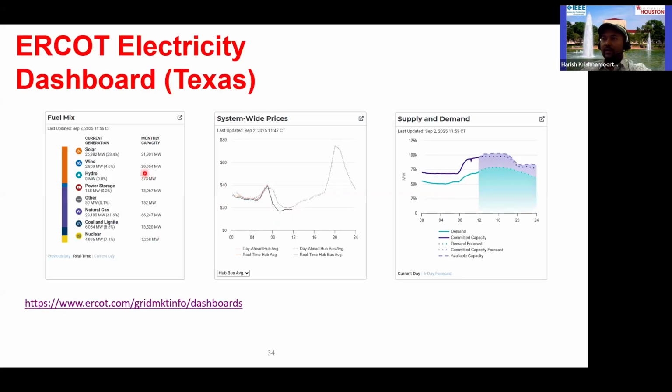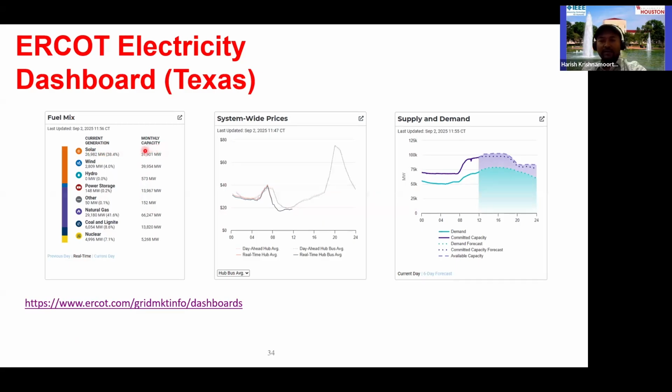So just to give you a quick overview of the ERCOT electricity dashboard. So this is basically today's dashboard. If you go to this link, you will be able to see this. So one thing you see now is that the total capacity of solar PV in ERCOT is almost 31 gigawatts.